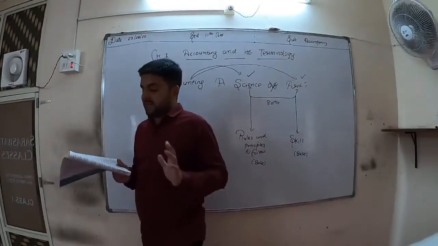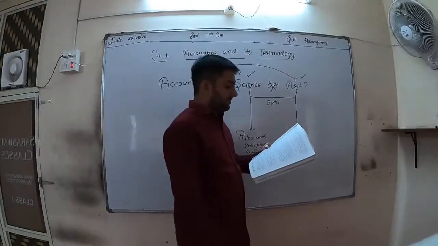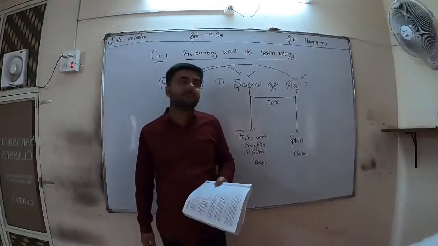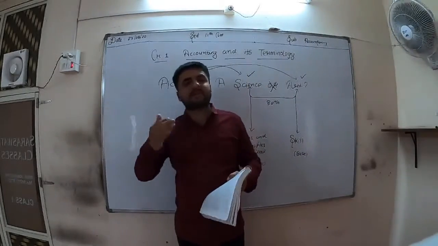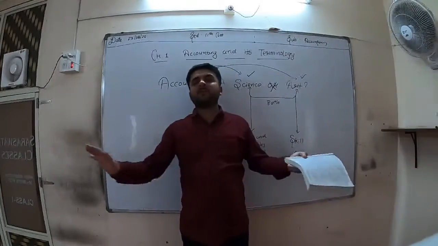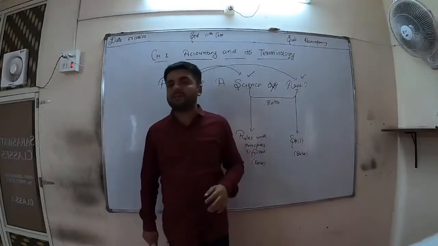Now we have the next topic on page number 7, qualitative characteristics of accounting information. Now this is just a simple concept to understand in your mind. We don't need to read anything of it, we are just looking for the points.